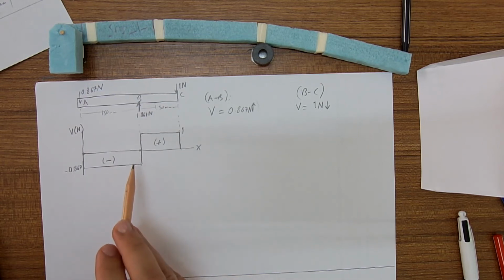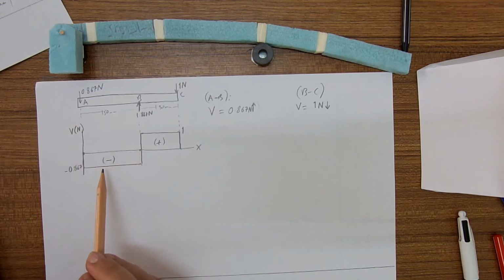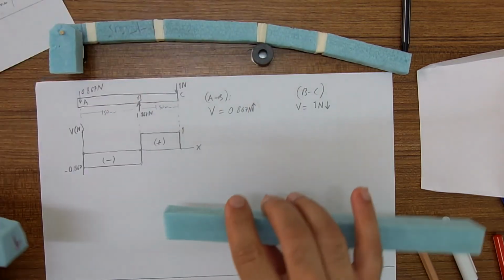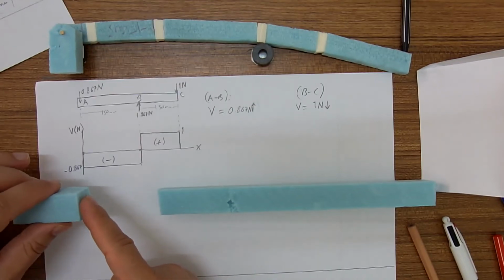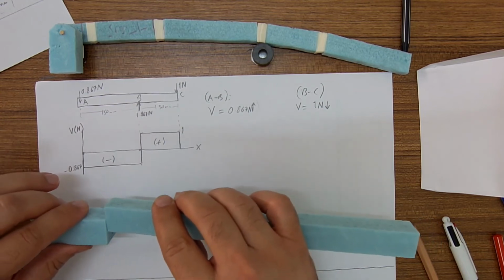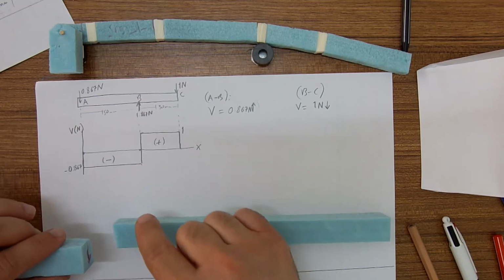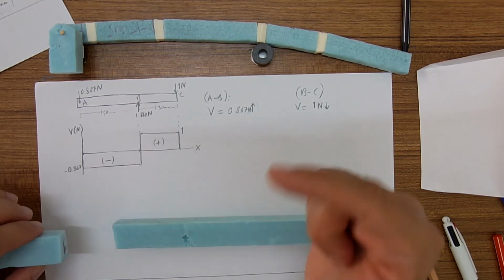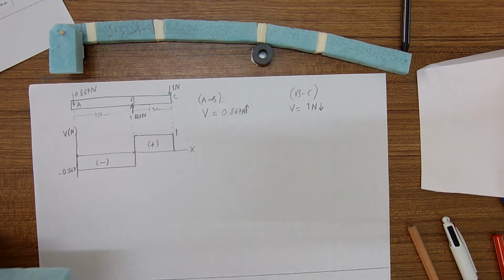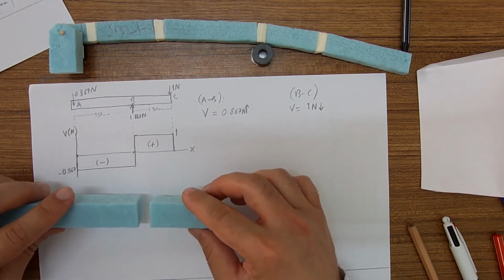What does this shear diagram tell us? Between A and B, the shear is negative. That means the face here is pulled up by the face here, like this. So this is negative shear. And the value between point A and B is 0.867 Newton. Between B and C, the shear is positive.